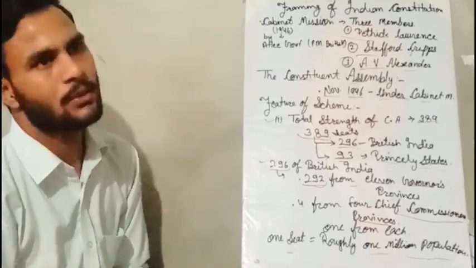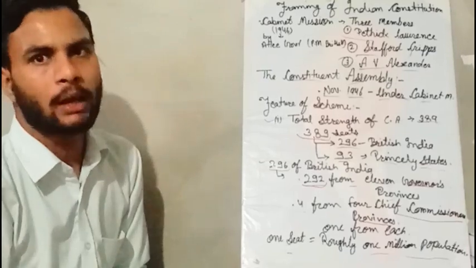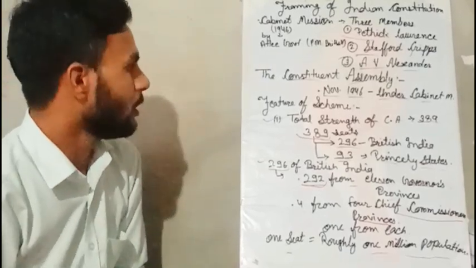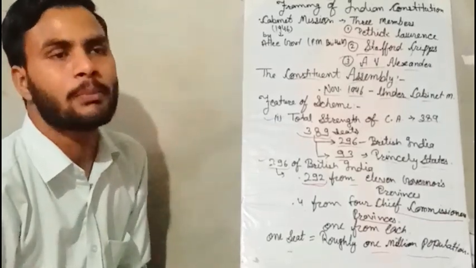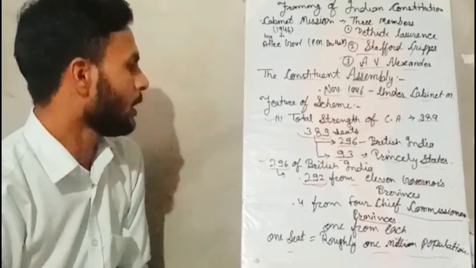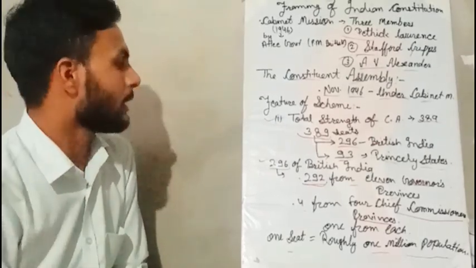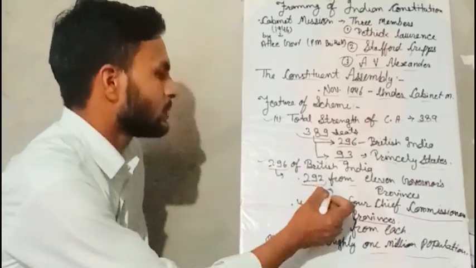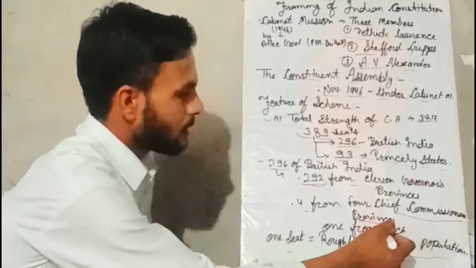The first point is that we made the Constituent Assembly under the cabinet mission. We have 296 seats for British India and 93 seats for the princely states. The 296 seats of British India are segregated into two parts: 292 seats, and 4 seats for the chief commissioner provinces.